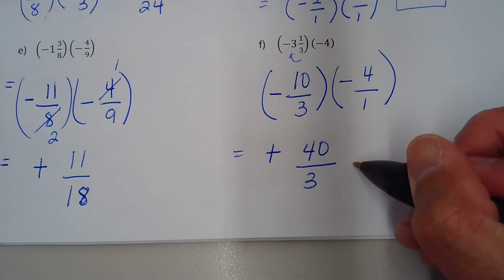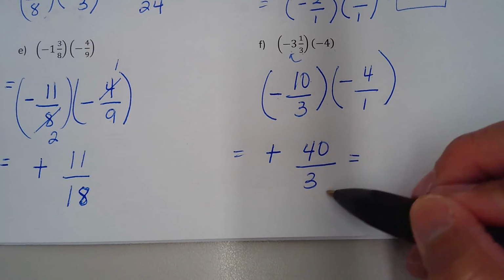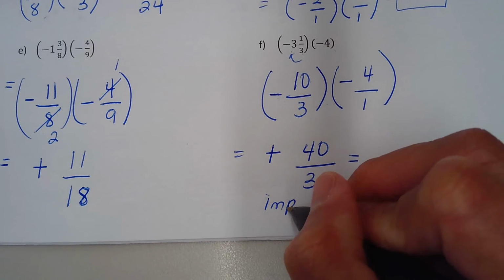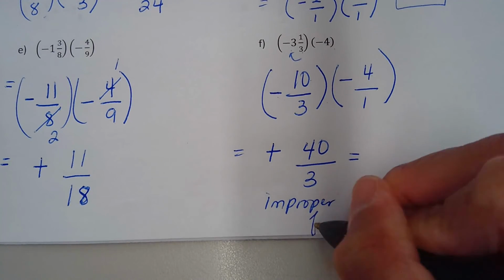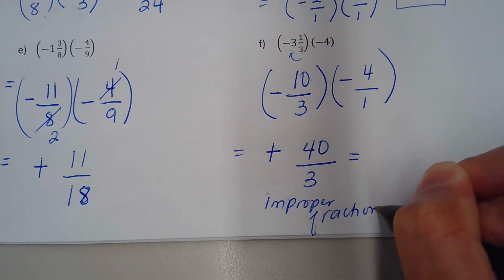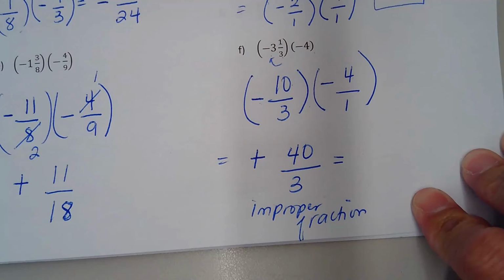What's the other way? This is called an improper fraction. How can we change that into a mixed number?